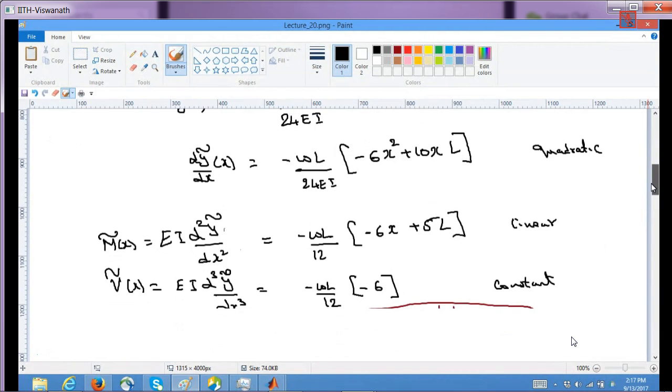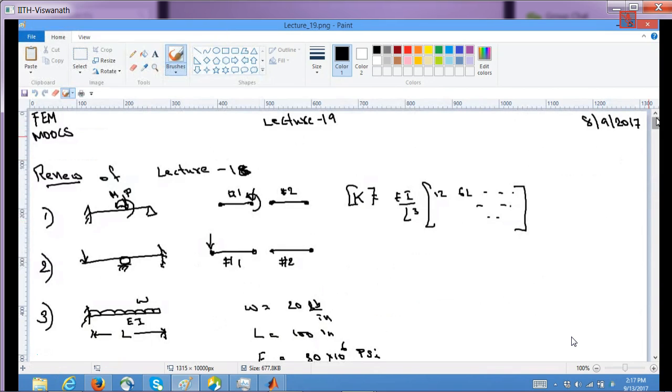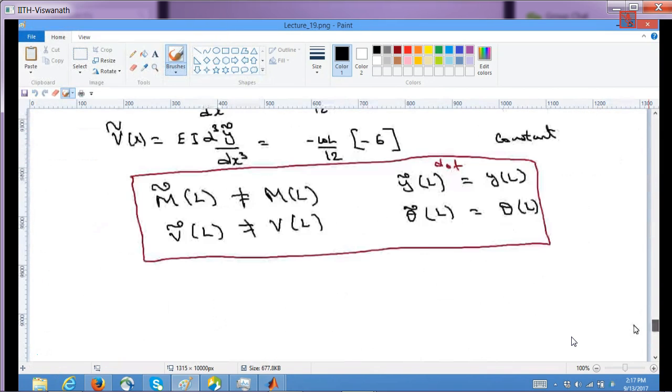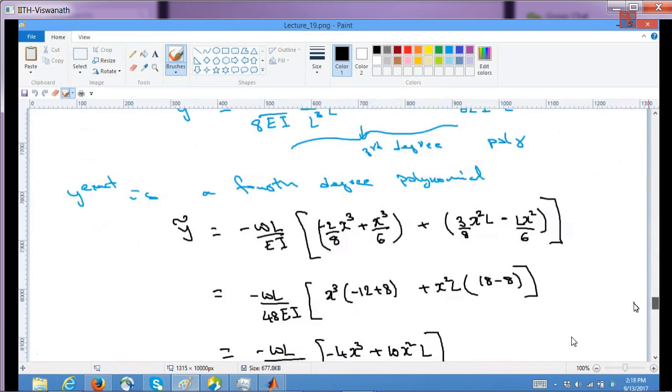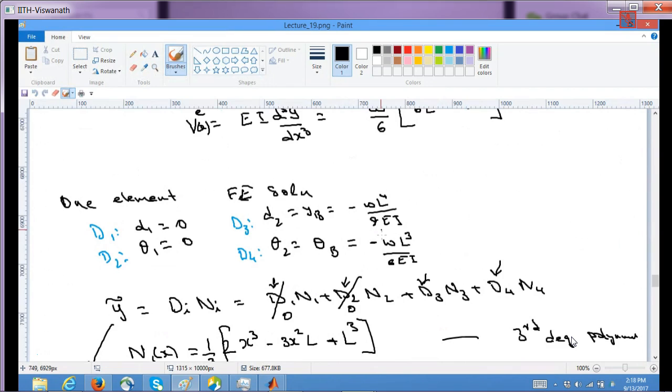We also demonstrated in the previous class that the exact solution at the nodal places will agree. So the D2 obtained through finite element is the same as that obtained through the analytical solution.